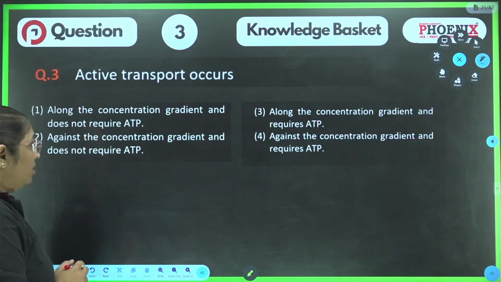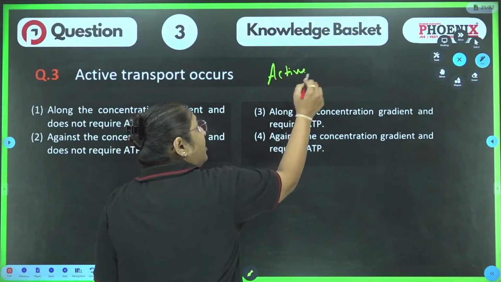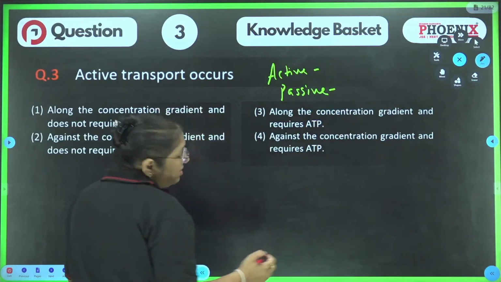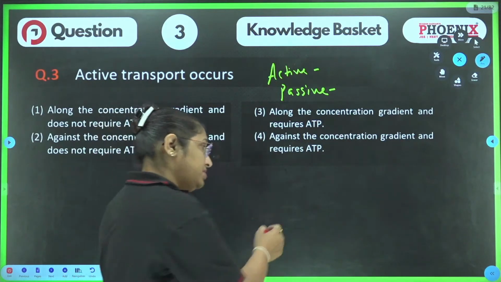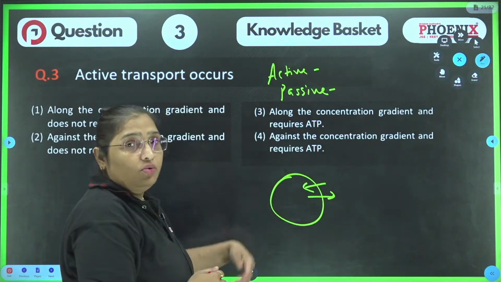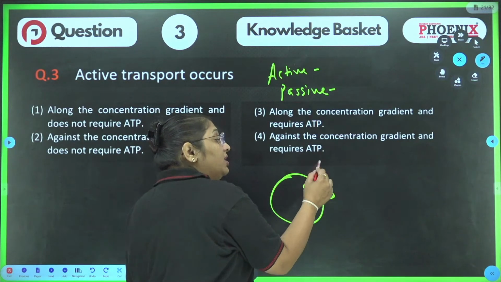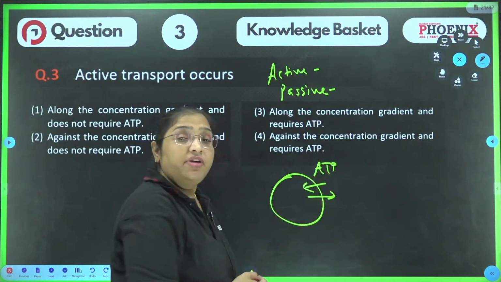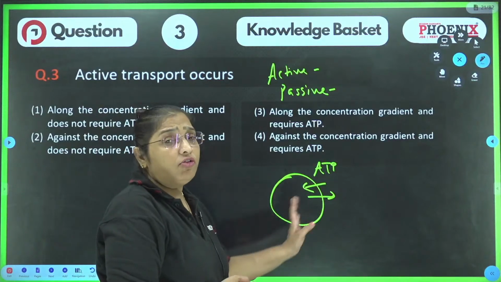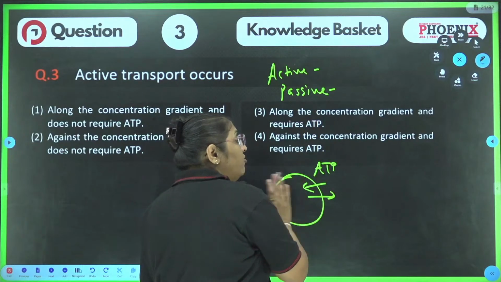Active transport occurs... Now I had already explained active and passive transport. Transport means the transport of material from inside to outside the cell. Some materials need ATP, and where ATP is utilized for exchanging or transporting material, we call it active transport.